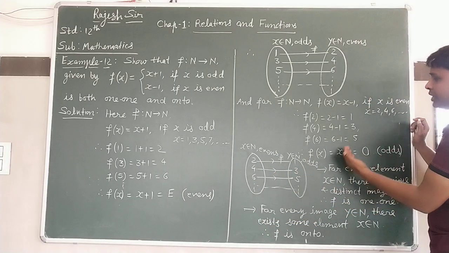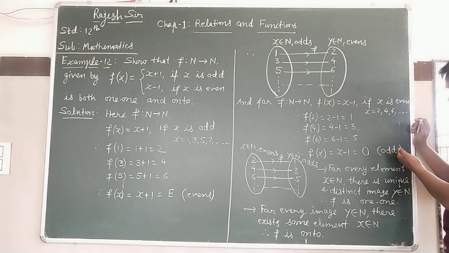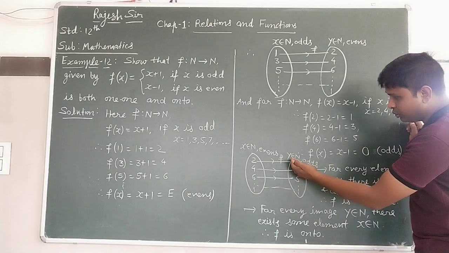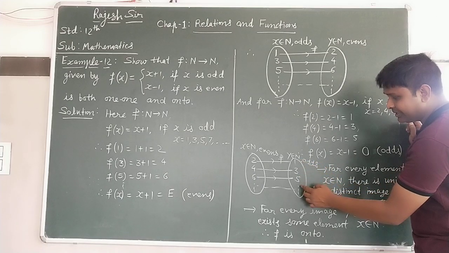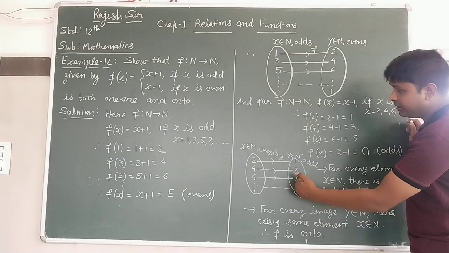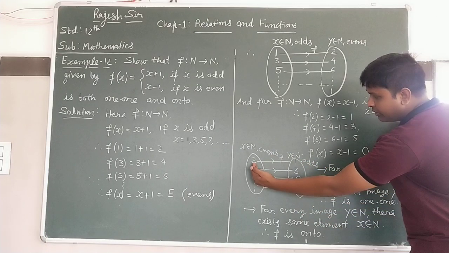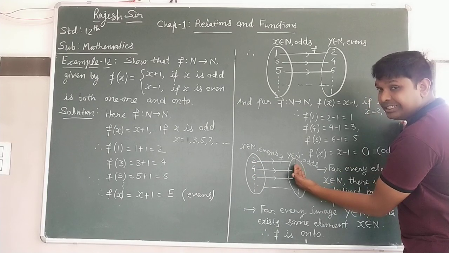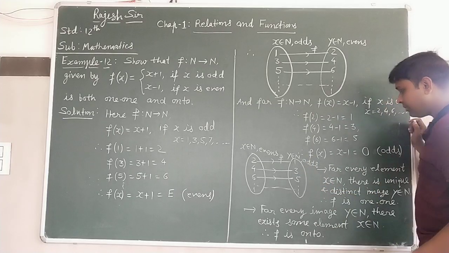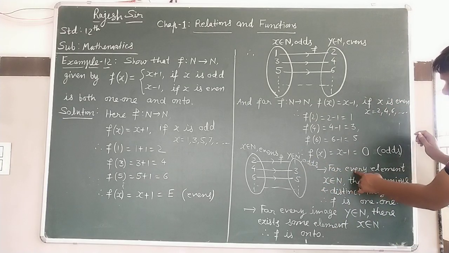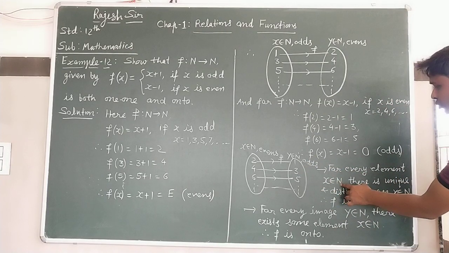And their images we are getting are 1, 3, 5, all odds. So in the codomain we have shown y belongs to N, odds 1, 3, 5, 7 and so on. For every even we are getting distinct and unique images, and they are odds.